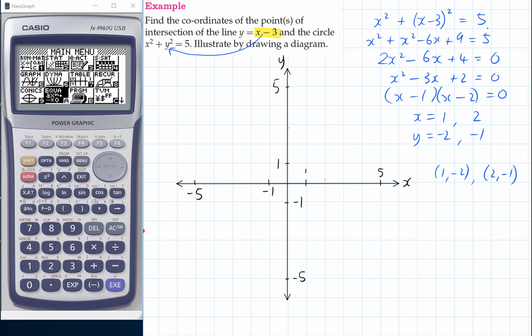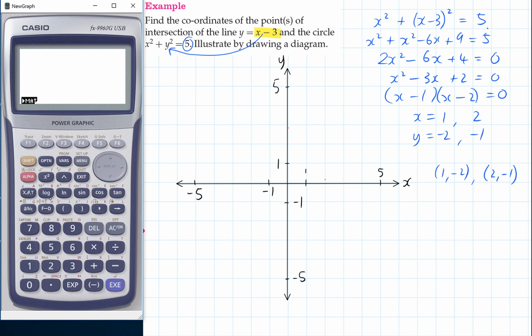So let's illustrate this by drawing the circle out. Remembering that that is equal to the radius squared, we just need the square root of 5 before we start plotting the circle. That's 2.23, so about 2 and 1/4.